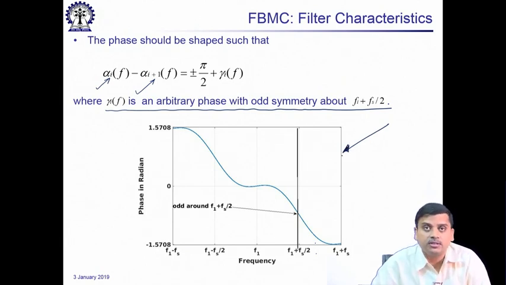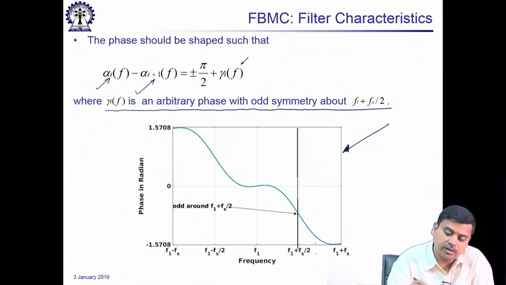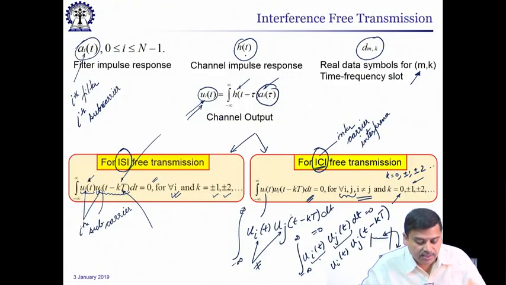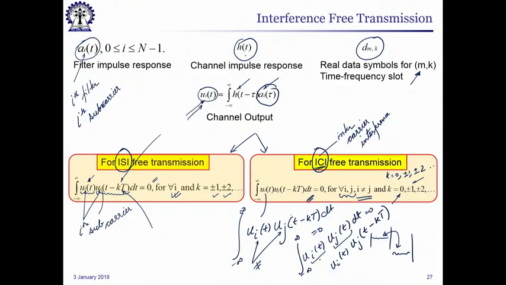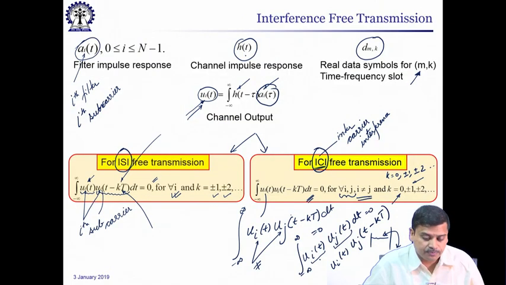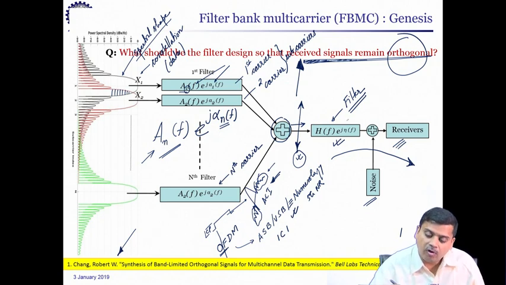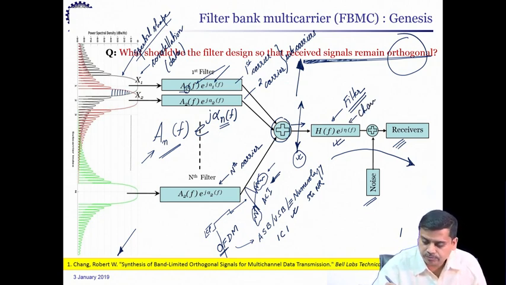Graphically it would look something similar to this, and you can have other phases also depending upon the values of gamma i. And overall, if these conditions are met successfully, then one can satisfy ICI free and ISI free transmission schemes, such that the received signal at the receiver remains orthogonal for a particular given channel transfer function.